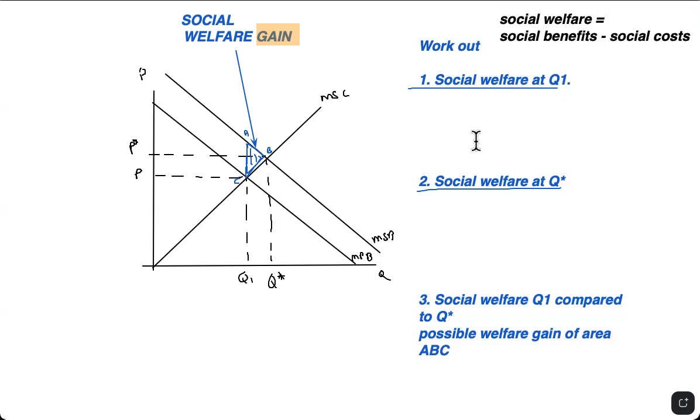This bit is probably the scary bit, but that's logically, on a big picture level, what I'm going to do. I'm going to work out the social benefits at Q1, then I'm going to work out the social costs at Q1, and then I have all the elements to work out the social welfare at Q1.